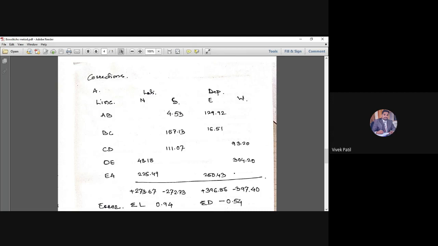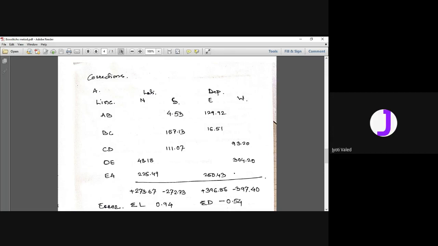Zero. Similarly, if easting and westing both are same, what will be summation D? Zero.